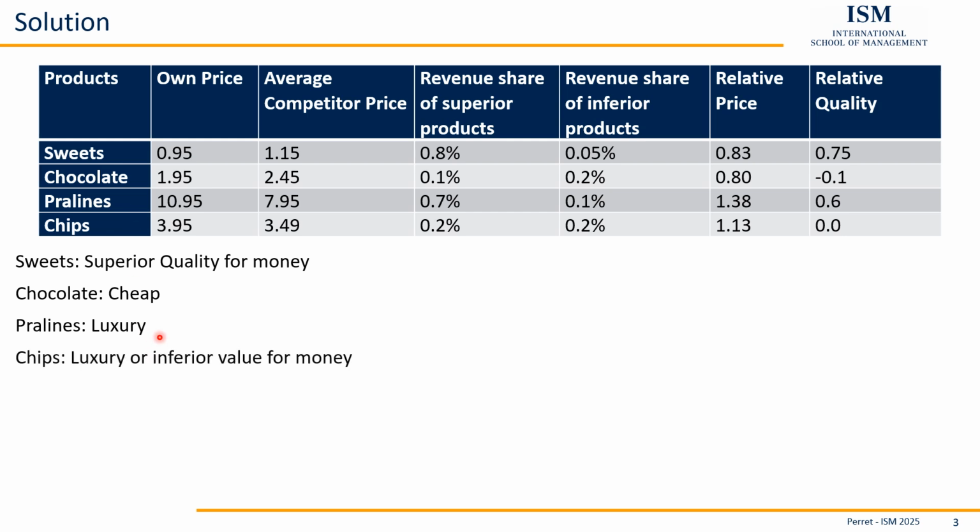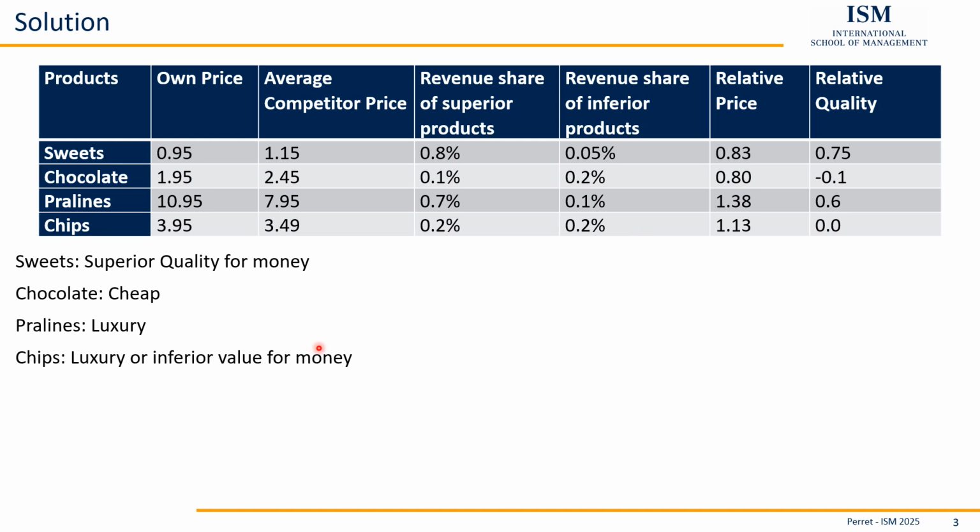And finally, the chips. Well, here I have a problem. First off, I see I have higher prices, but I'm not having a positive or negative value for the relative quality. So this could be either luxury or inferior value for money. So here I need to take particular care to much more clearly work on my quality positioning.